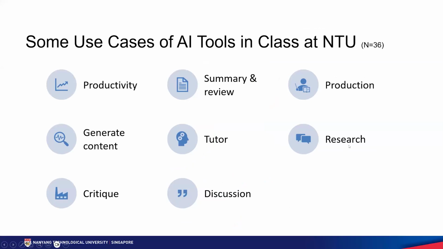Using AI for research. And quite a popular thing that has come up is that some faculty have asked their students to generate outputs with ChatGPT, for instance, and then critique the outputs and have a discussion. The discussions could also revolve around issues of ethics and values.